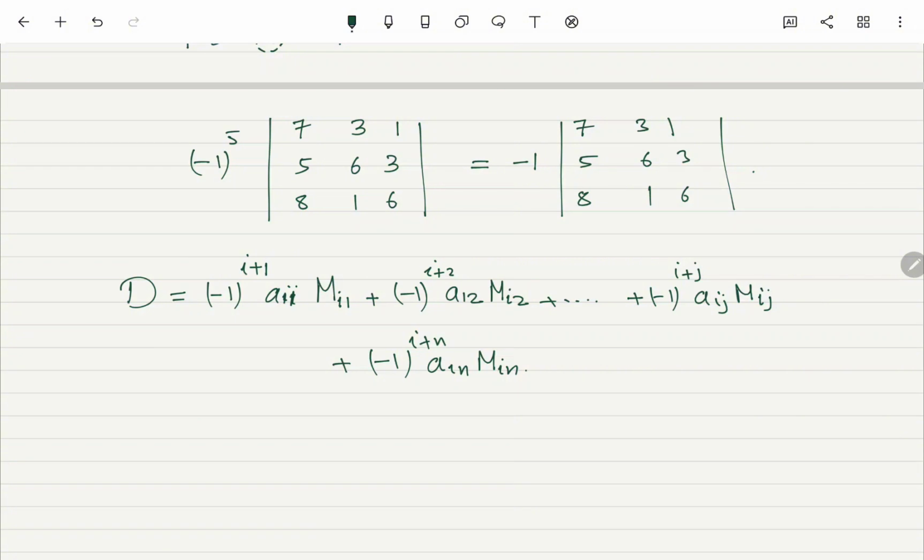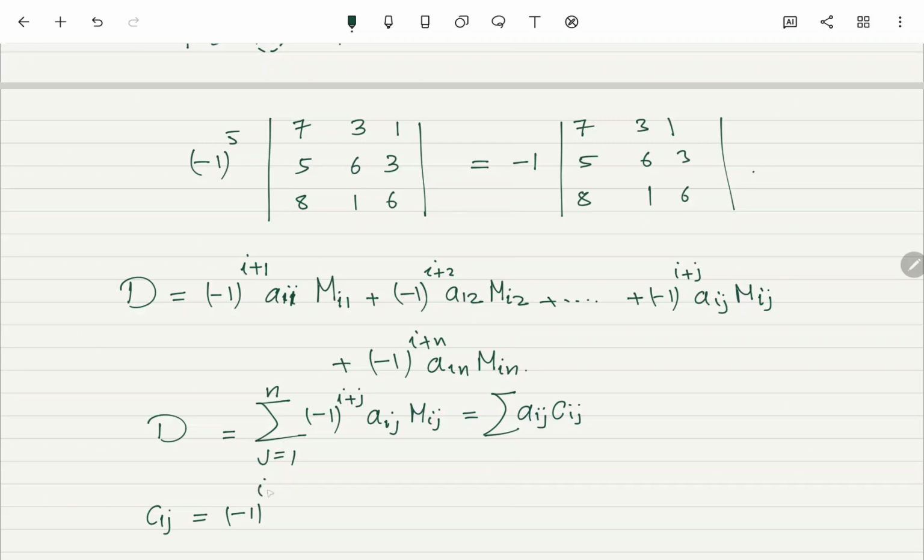In compact form, we can write D equal to the summation, j equal to 1 to n, of minus 1 to the power i plus j, Aij Mij, or equal to the summation of Aij Cij, in such a way the cofactor Cij is given by minus 1 to the power i plus j, Mij.